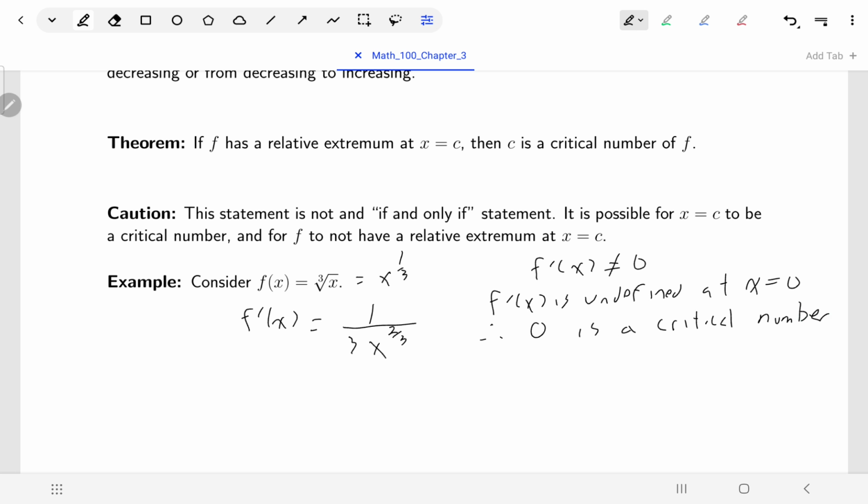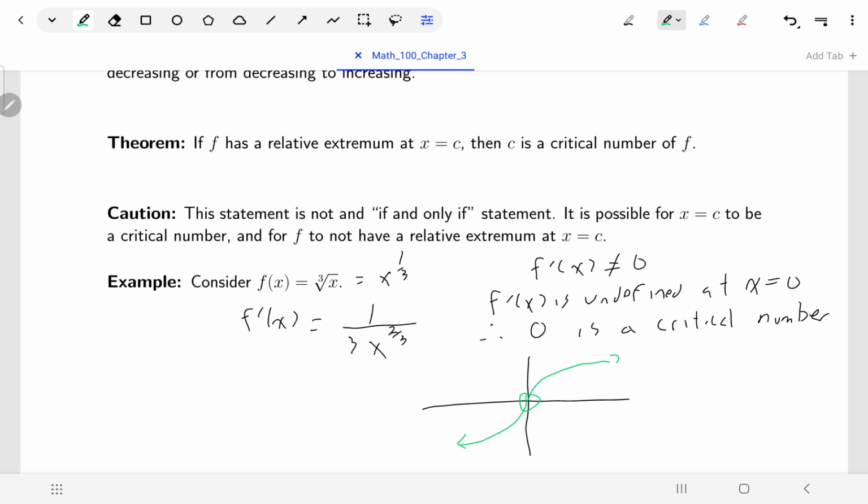And unfortunately, though, we don't have a relative anything happening on our graph when x is 0, and that's because we know what the graph of y equals cube root of x looks like. At x equals 0, we don't have a maximum. We also don't have a minimum.